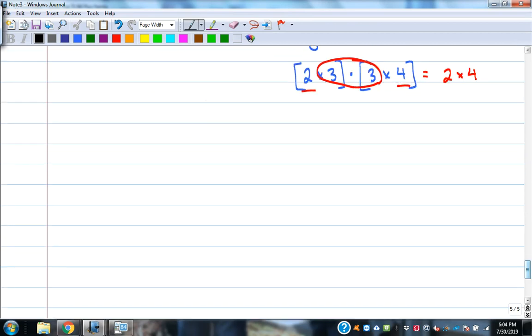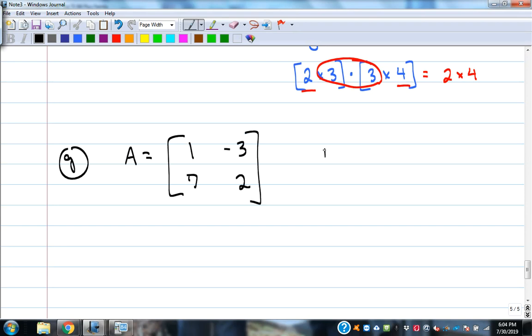Okay, so example G. We're going to say matrix A. I'm going to name these matrices. So matrix A is 1, -3, 7, 2. Matrix B is 1, 0, -1, 2, 3, 1, 4, -1.